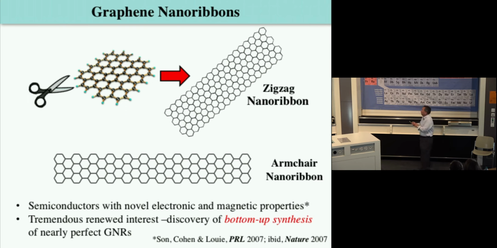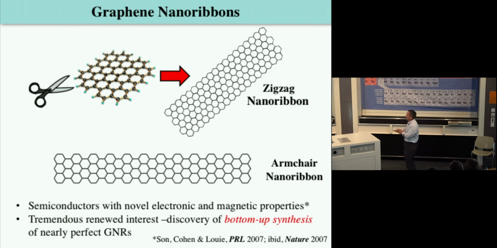It turns out that these kinds of ribbons are all semiconductors. They actually have some really novel electronic and magnetic properties. When we studied this more than 10 years ago, it was really kind of a toy system, an idealized structure from a theoretical point of view.